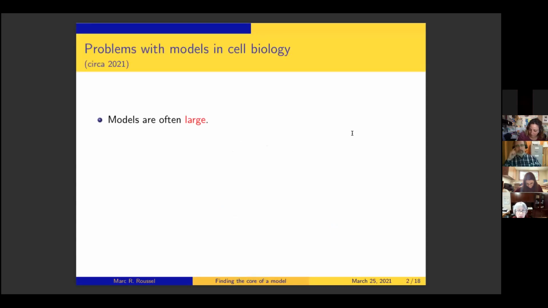So the problem with cell biology as it exists today is that we often have really large models. We often have really good information, or at least really strong hints in the literature, as to how things are connected together. I mean, this gene, when it gets turned on, makes this protein.